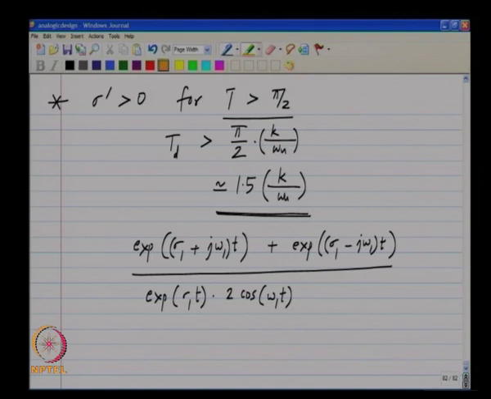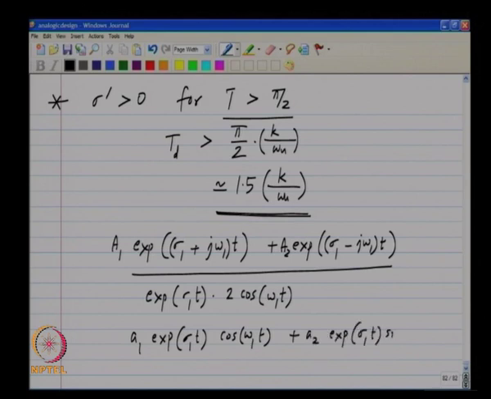Now, if you have different coefficients here and there, let us say a1 and a2, you will be able to write it as a1 exponential sigma 1 t cos omega 1 t and some other a2 exponential sigma 1 t sin omega 1 t.